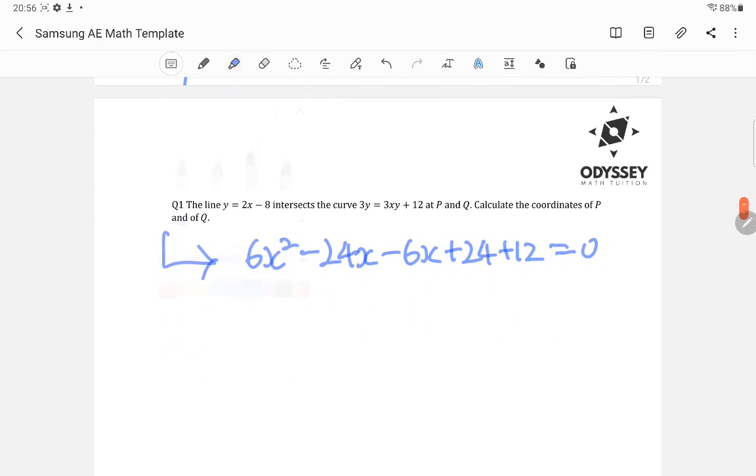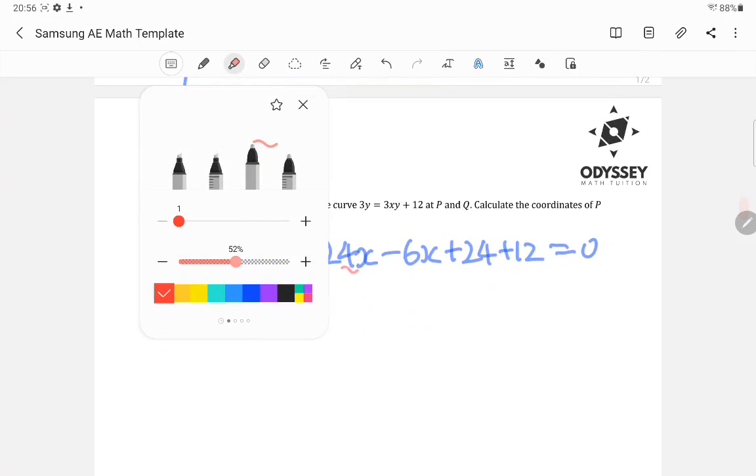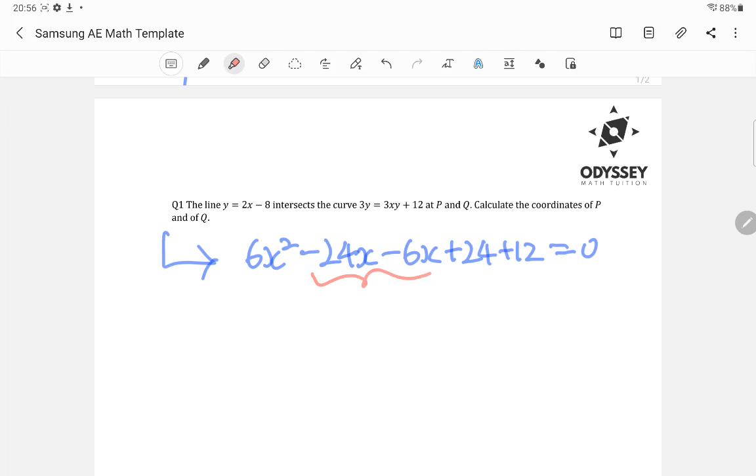We can see that minus 24x minus 6x is minus 30x, and 24 plus 12 is 36. This gives us the equation 6x squared minus 30x plus 36 equals 0.